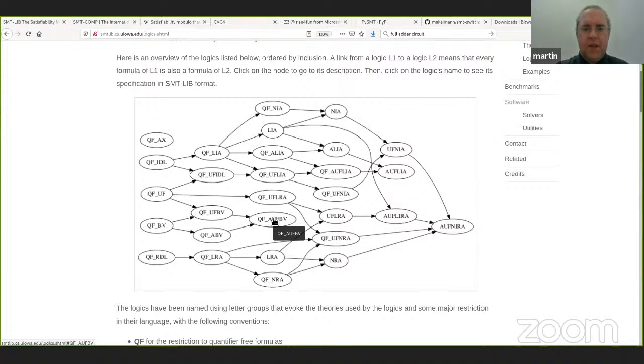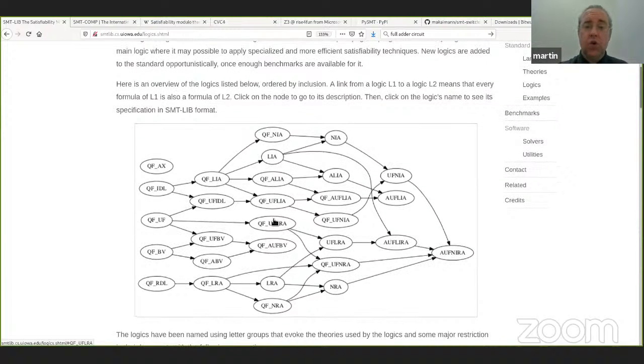The reason we have these logic things is to help separate out the different capabilities of different solvers. To be an SMT solver, you do not have to implement all of the theories.